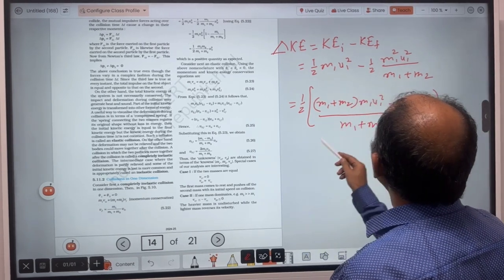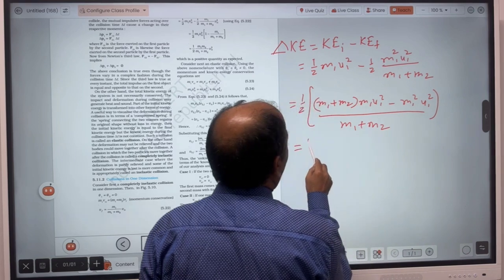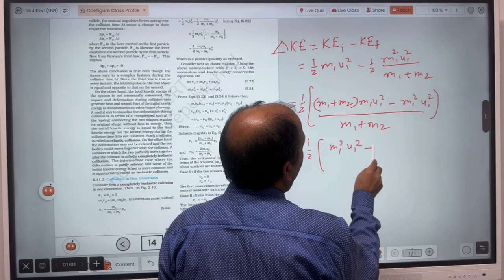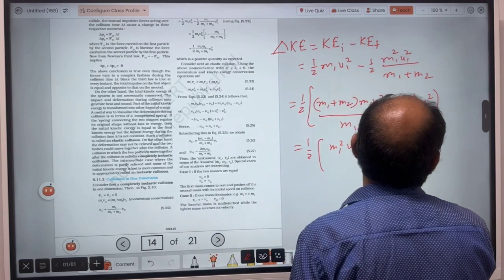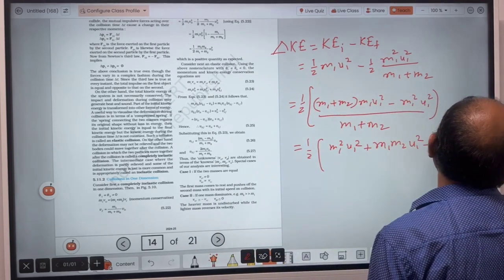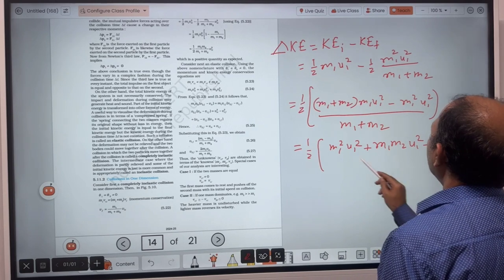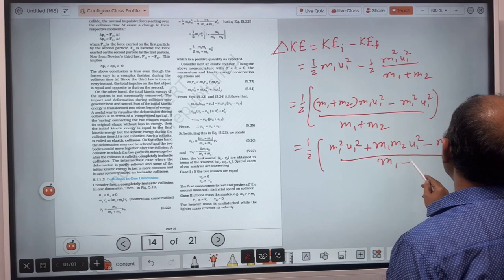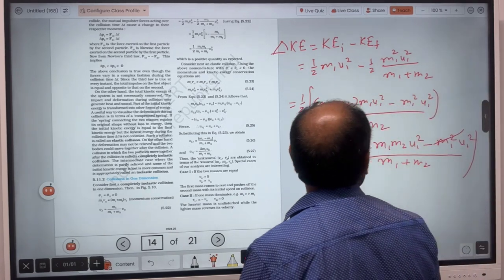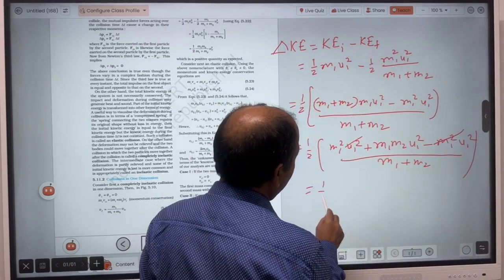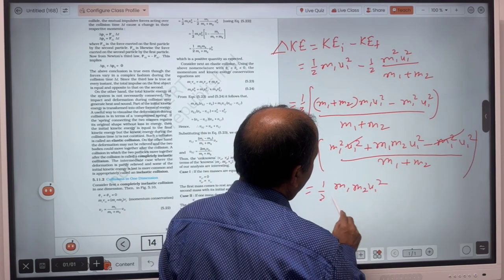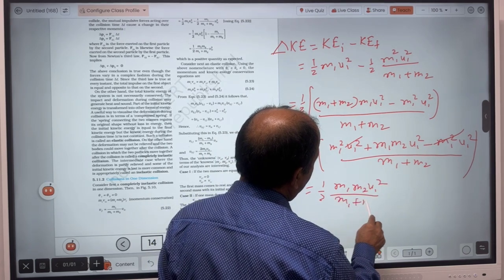Now, if we open the bracket, 1 by 2 remains outside, m1 square u1 square plus m1 m2 u1 square minus m1 square u1 square, divided by (m1 plus m2). These two terms will cancel out and you will be left with 1 upon 2 m1 m2 u1 square divided by (m1 plus m2).